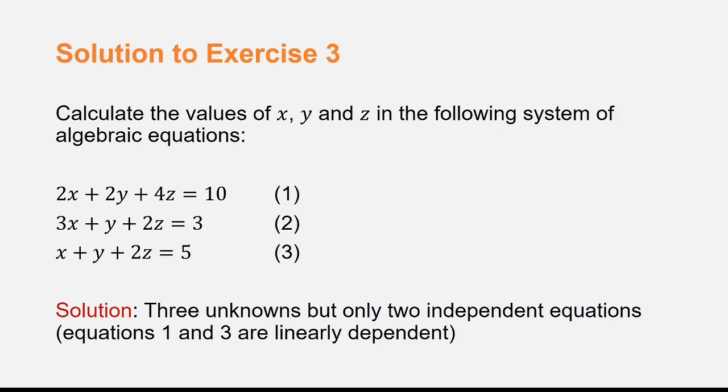In this case, since we have three unknowns and two independent equations, the number of degrees of freedom is 1. 3 variables minus 2 equations. That means we have to specify one of the variables before we can solve the system. Specifying one variable reduces it to a system of two equations in two unknowns.